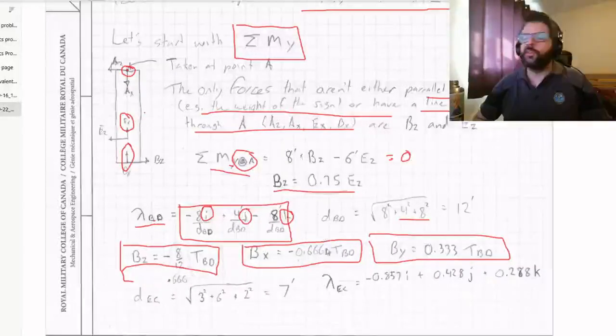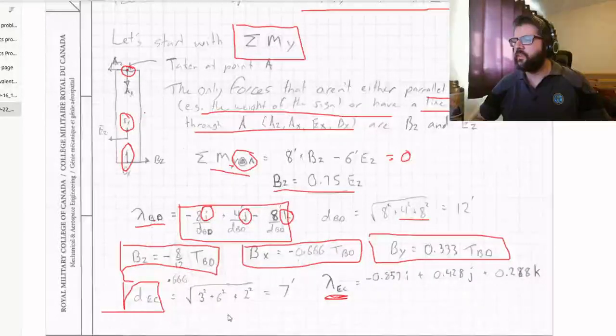Similarly, same deal for solving for our unit vector for EC. The distance from E to C is just based upon using Pythagoras' theorem on the rectangular components of its displacement.